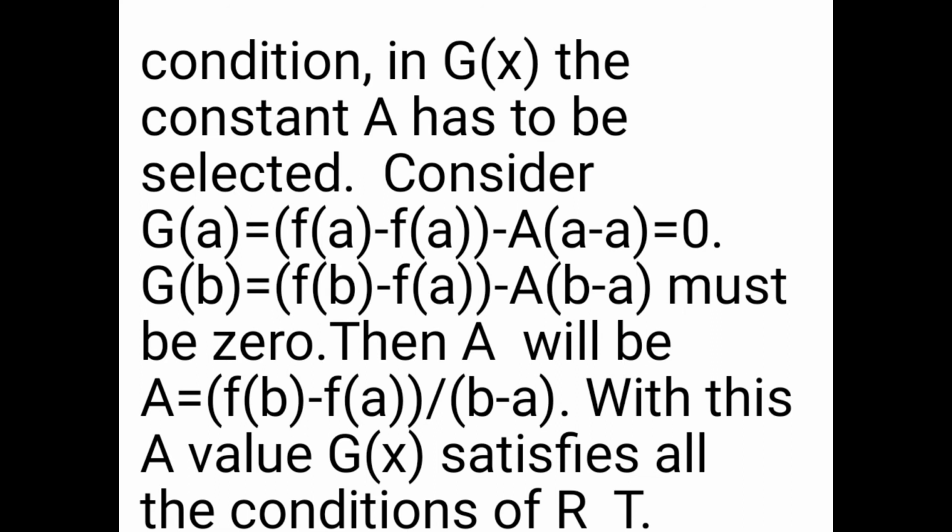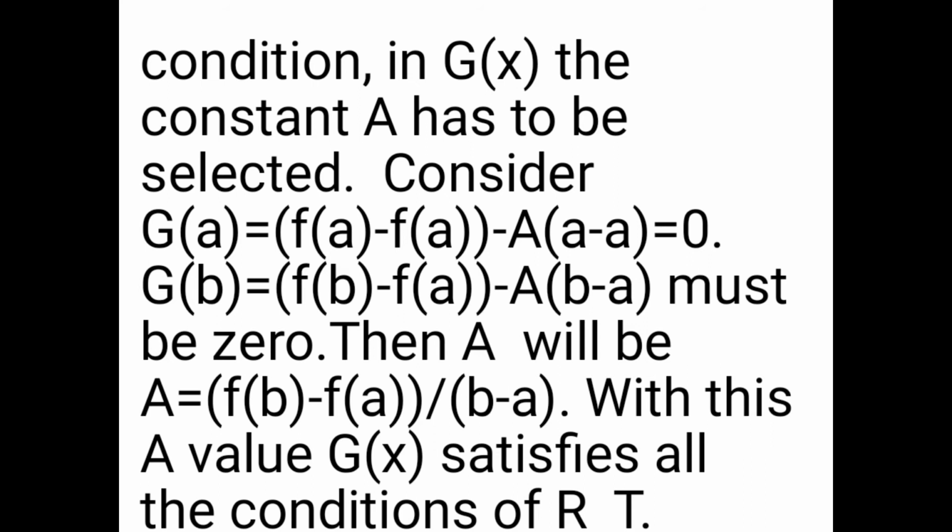So let us consider g(a). g(a) is equal to f(a) minus f(a) minus A into (a minus a), which equals 0. Now g(b) is equal to f(b) minus f(a) minus A into (b minus a), and this value must be 0 because g(a) must equal g(b).